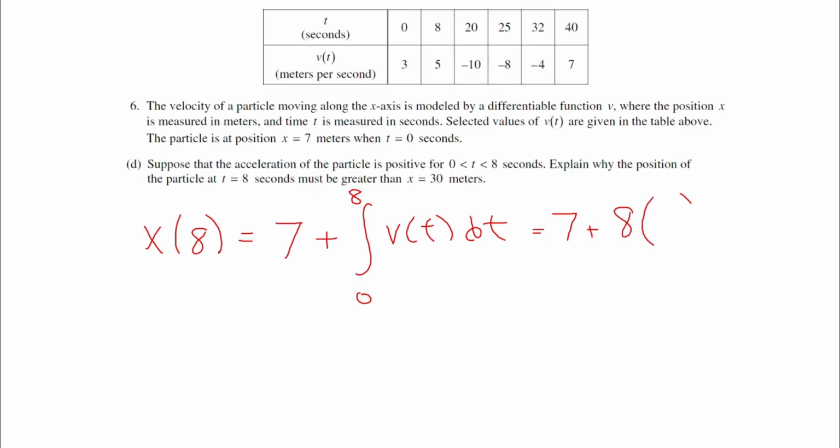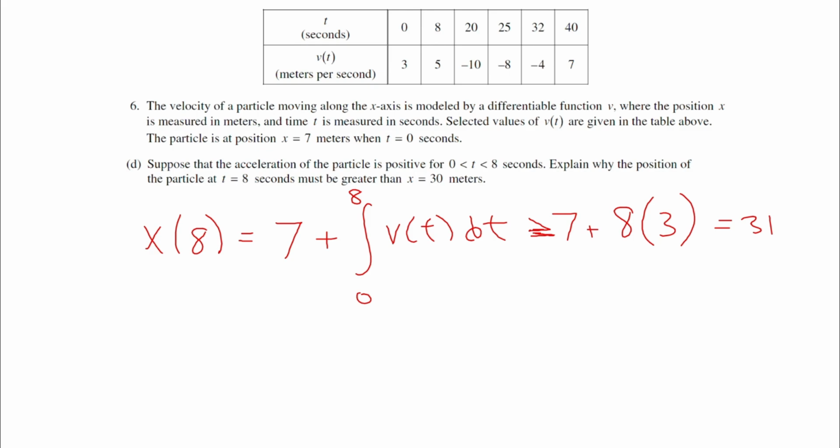And we know that the velocity, if our acceleration was positive, is going to be at a minimum of 3. So we can say that since it was always accelerating, we went more than 3 meters each second on that interval from 0 to 8, because we went from 3 to 5 and the acceleration was always positive. So our value must be greater than 24 plus 7, which is 31.